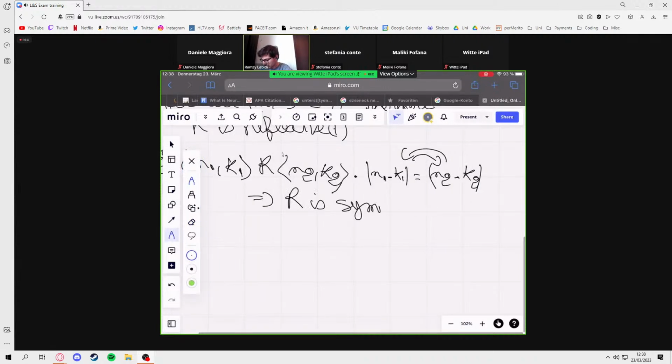It's symmetric. All right, this is the second one. Now we go to the last one, which is transitive. For that, we have to assume that we have (n1,k1), (n2,k2), and a third pair.